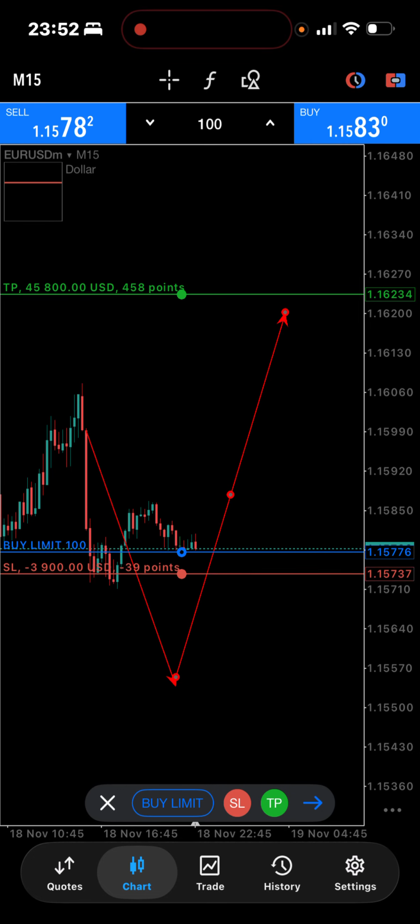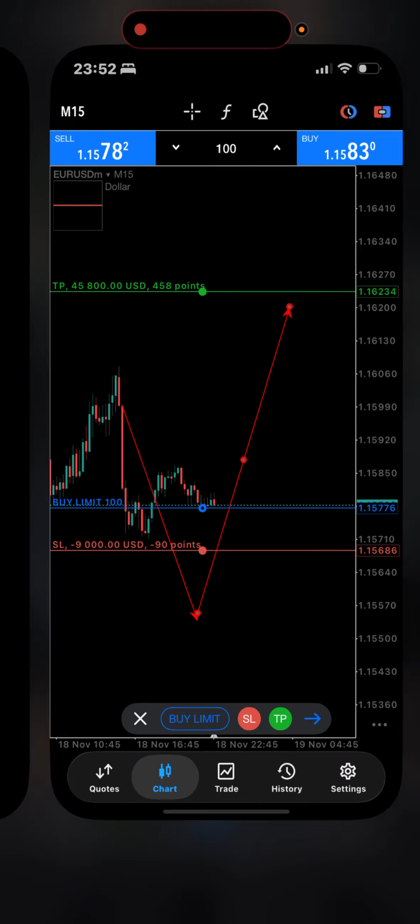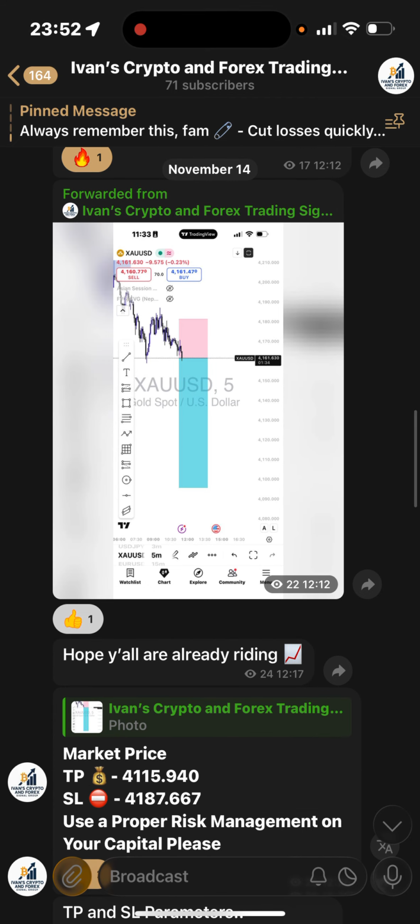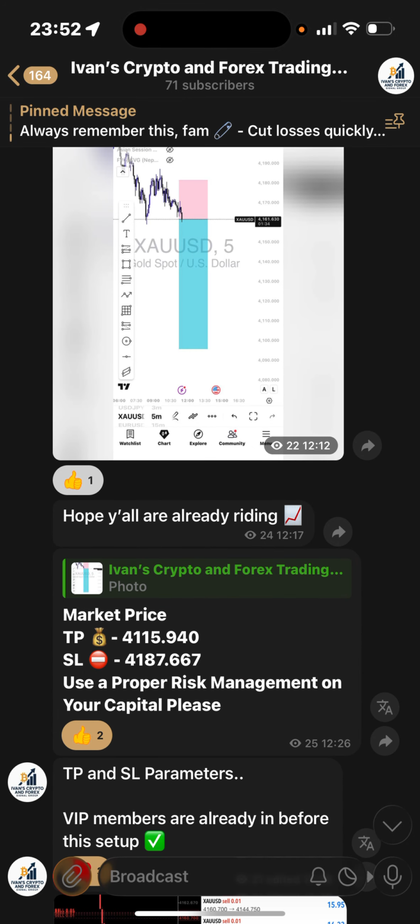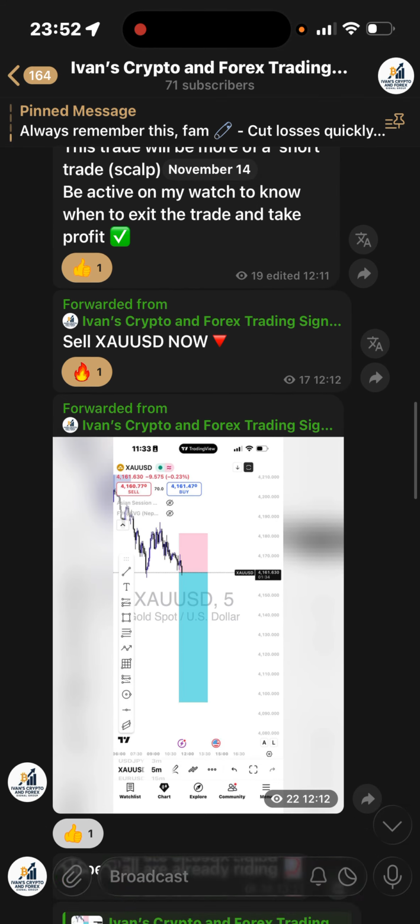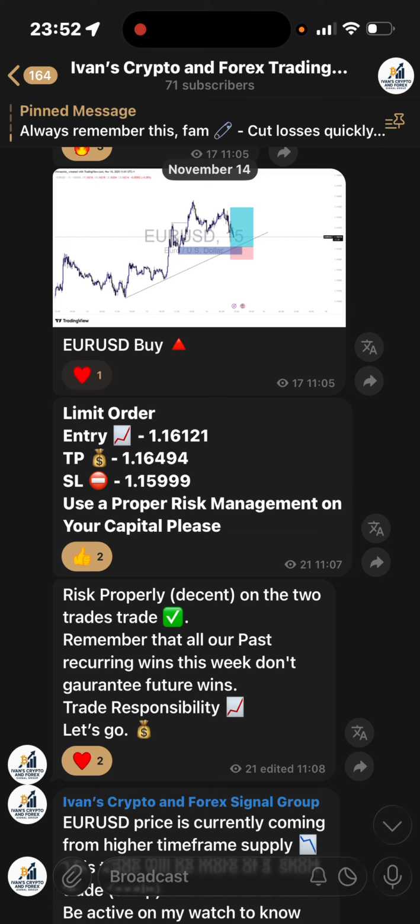If it's buy, your SL should be at the lower point. If I say at market price or now, it means that there's no entry price. The entry price is the current time that I drop that signal. With market price, there's no entry price like a limit order.